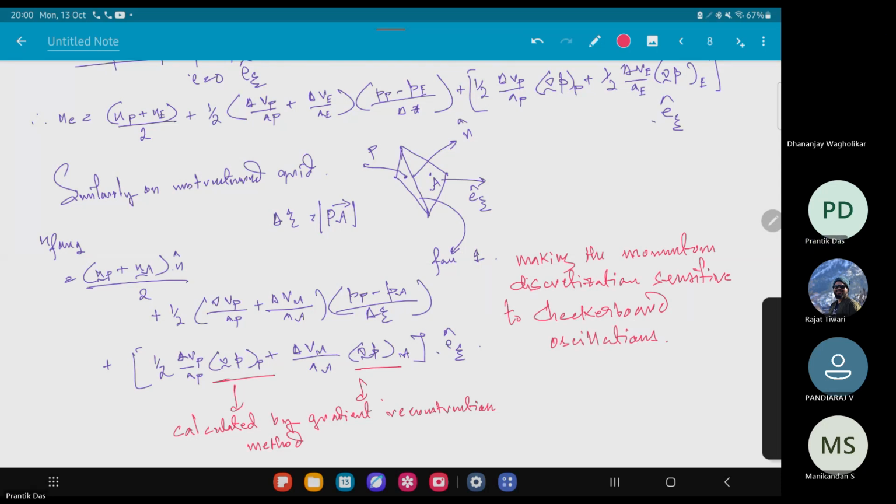Okay, so that's how you can apply the Rhie-Chow interpolation both for the structured and the unstructured grid itself.